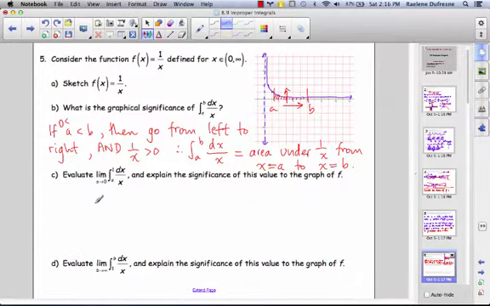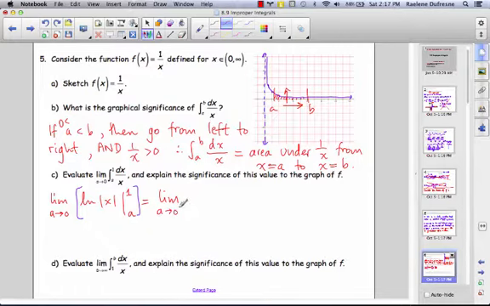Now let's evaluate the limit as a approaches 0 of the definite integral from a to 1 of dx over x. Well, the first thing we do is work from the inside. And so we have the definite integral is going to be the ln of absolute value of x, evaluated from a to 1. And we wait for the limit until after the integration has been done, and now the evaluation has to be done.